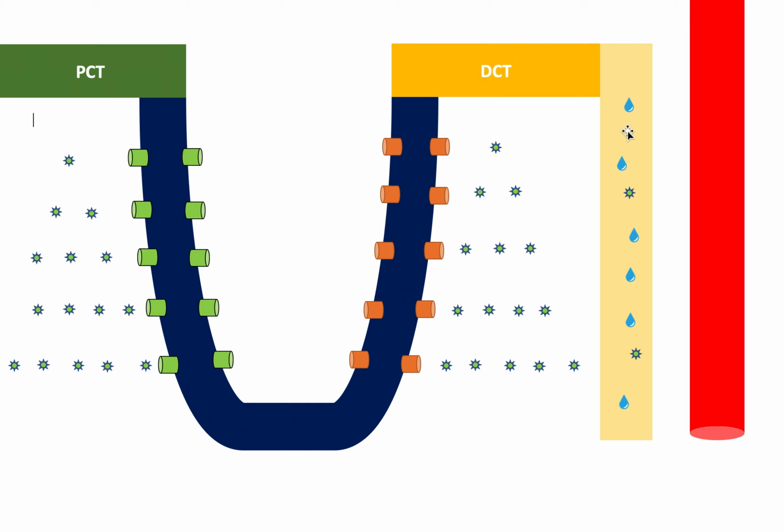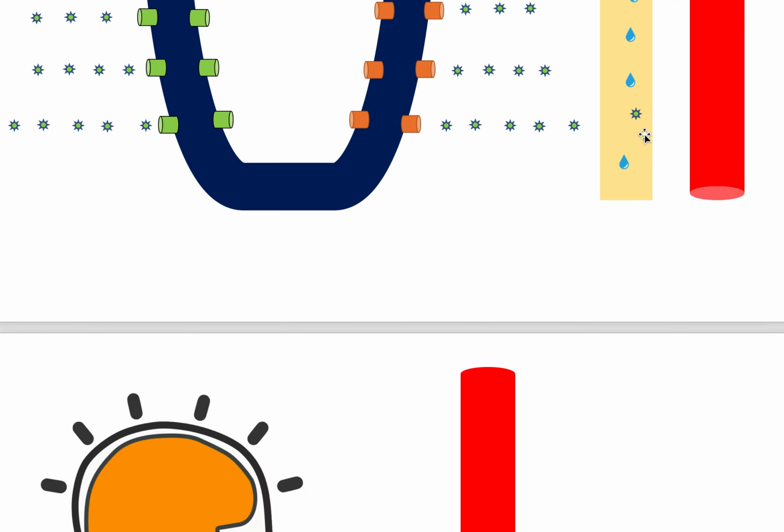So it can decide whether you pee more or pee less. So my question is, how does this tubule decide to keep or let water go? The key is, it doesn't decide that, your brain does, and I'm going to show you exactly how now.